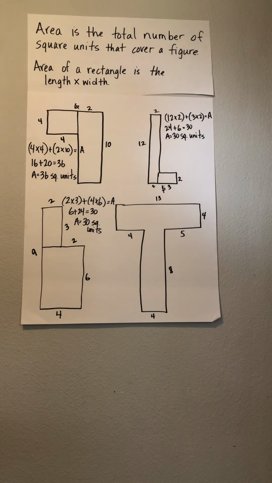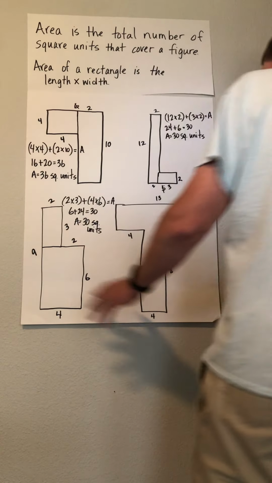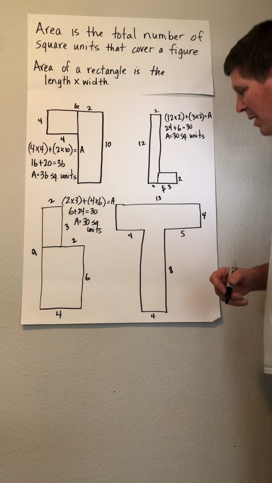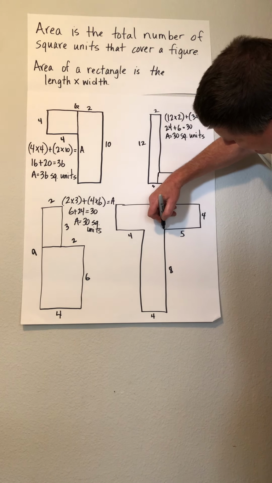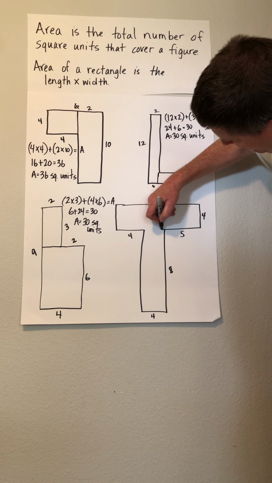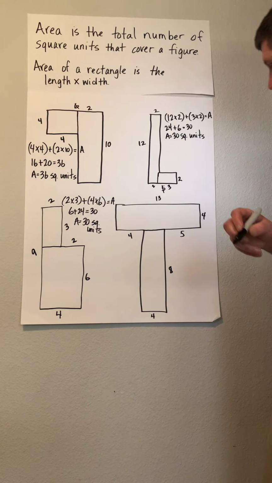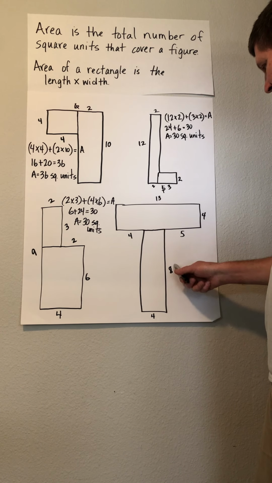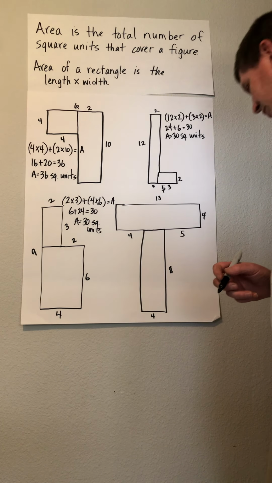And that takes us to our T. Now the T isn't any different than these other shapes. You have to cut it into rectangles. The way that jumps out at me is to just cut it right there. And now we have this long section here is 8 by 4.